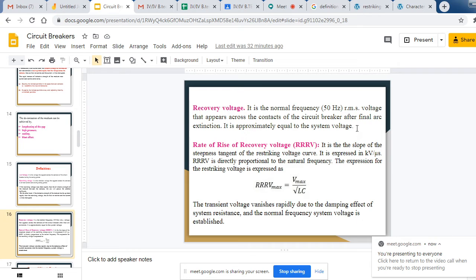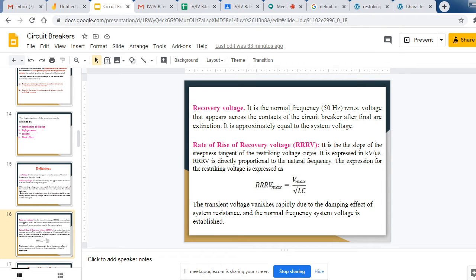Yesterday you have seen up to recovery voltage. Now we are going to see the rate of rise of restriking voltage. I mean, how fast the restriking voltage rises at the point at which the fault current is reaching zero.